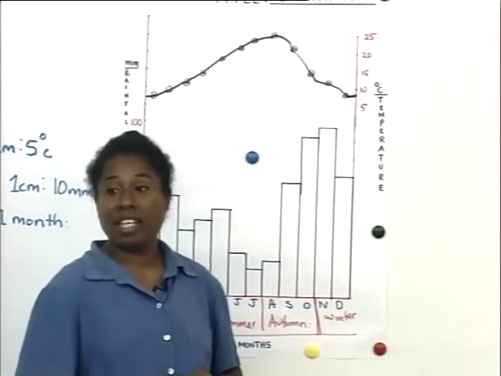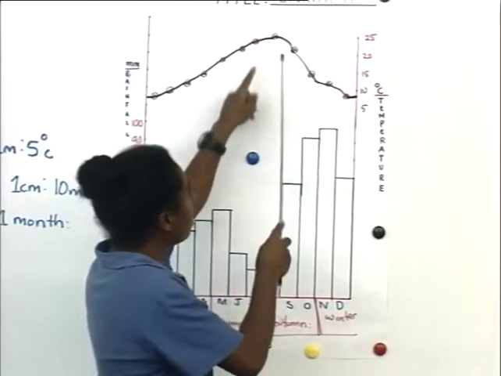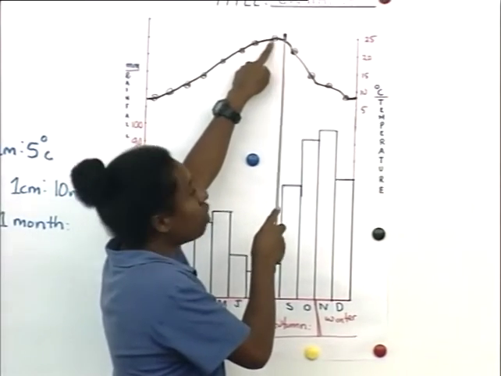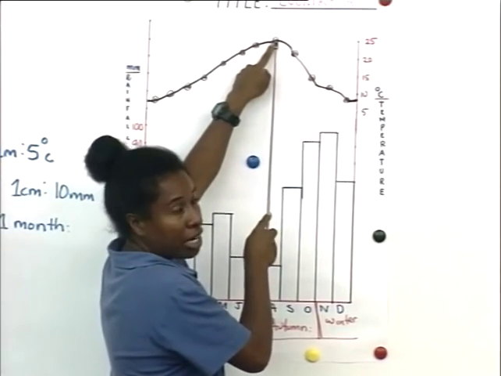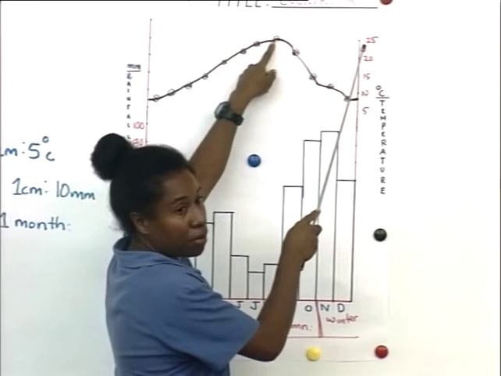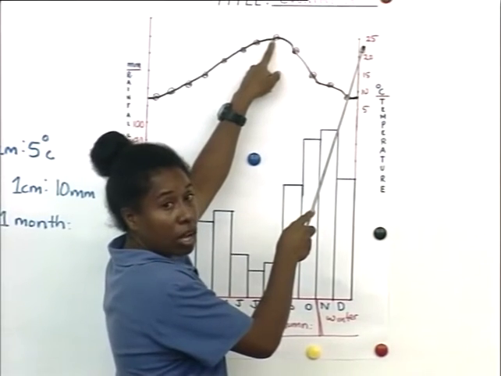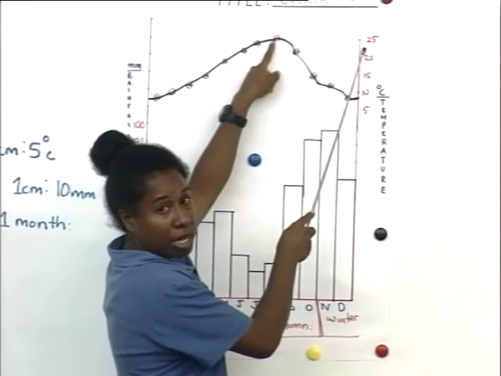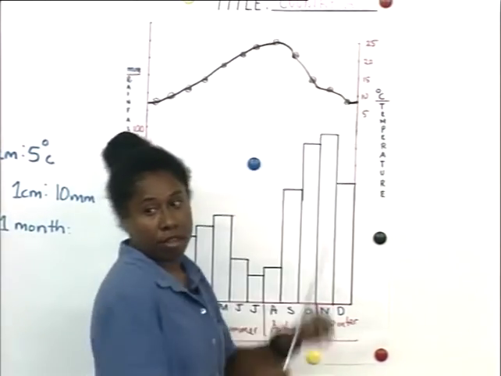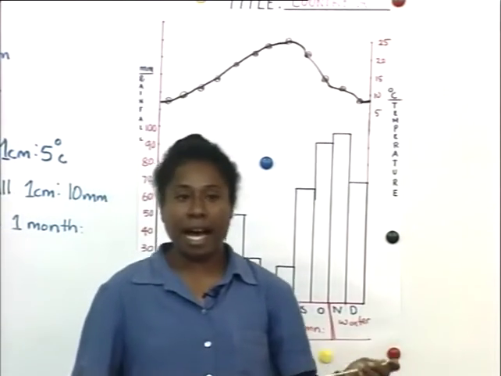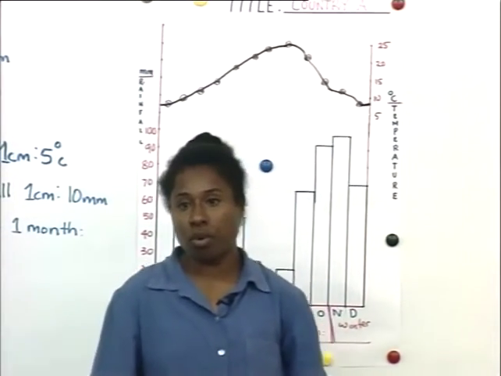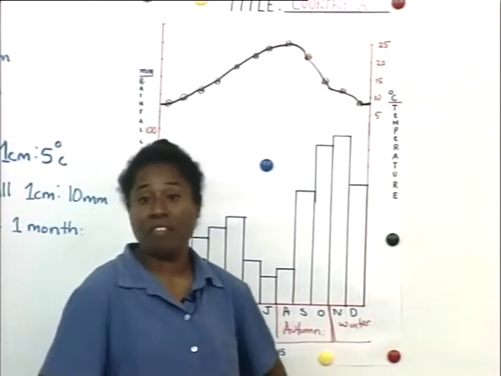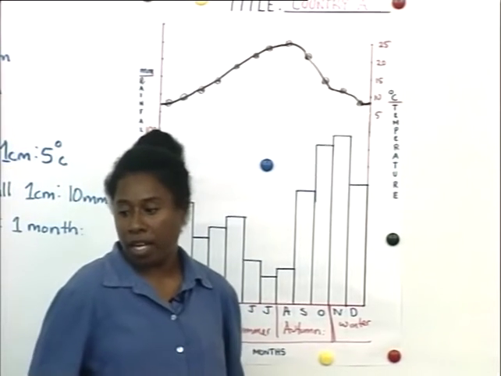If you were not given the table, then you need to rule an imaginary line to where the scale for the temperature is, to find out from the line graph what the maximum temperature would be. The maximum, or the highest, is another term we use. So 25 is the answer for question number 1, or A.